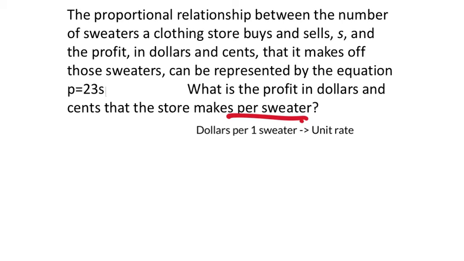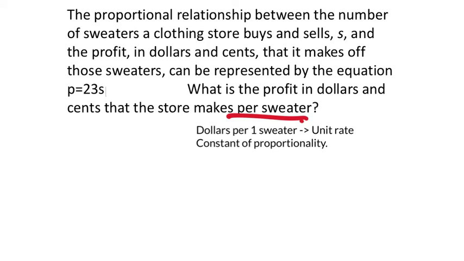which simultaneously means that they're asking for the constant of proportionality. Well, did they ever give us the constant of proportionality? They sure did. It's the coefficient of, in this case, S, right?